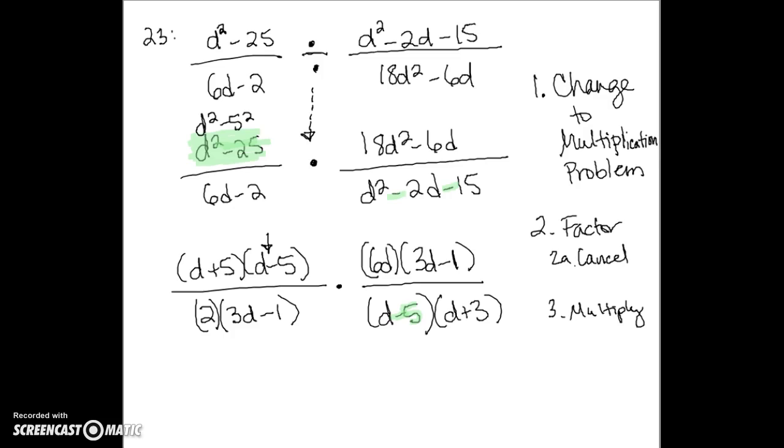Now I can identify what needs to be canceled. D minus 5 on the top, d minus 5 on the bottom, 3d minus 1 on the bottom, 3d minus 1 on the top, 2 on the bottom, and the 6 on the top. This will leave me with a 3.